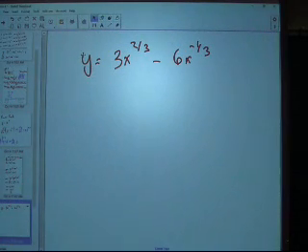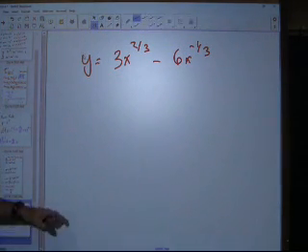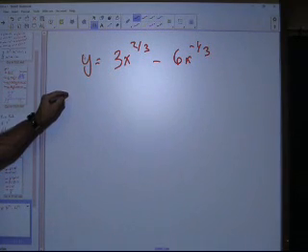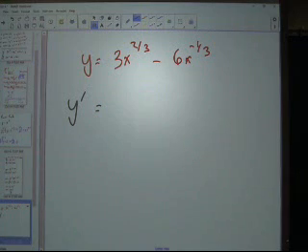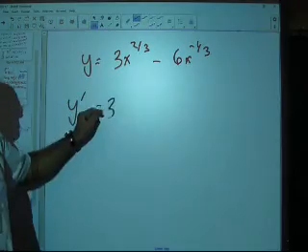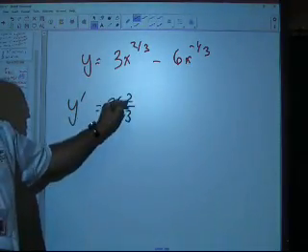Well, yeah, we kind of have to. That is y. y equals. I can write y prime equals, I can write dy over dx equals. They do kind of mean the same thing most of the time.